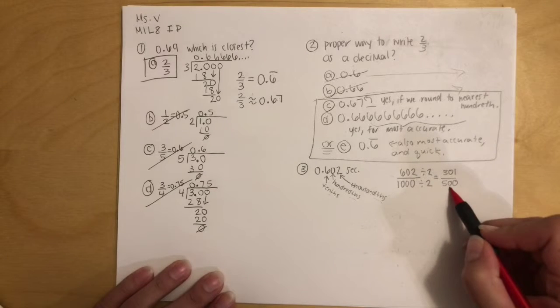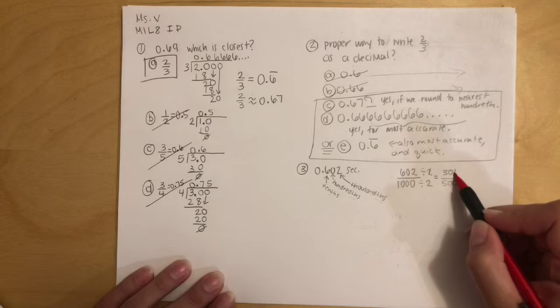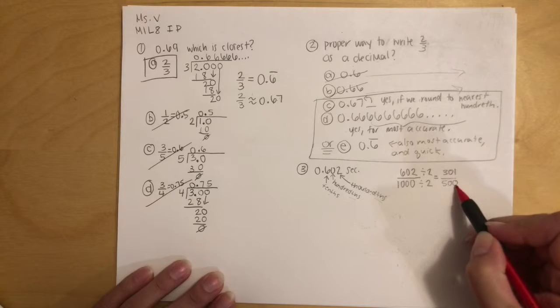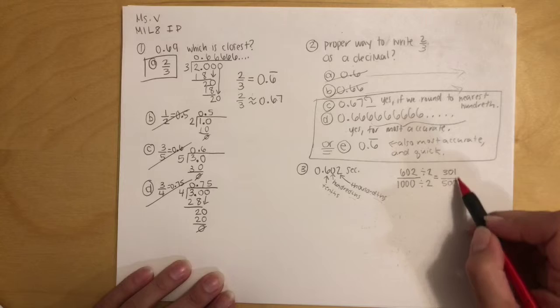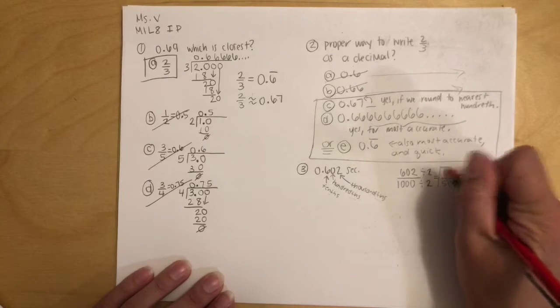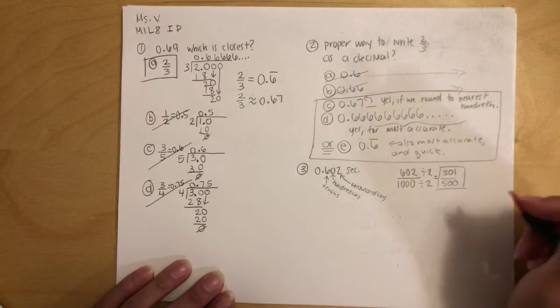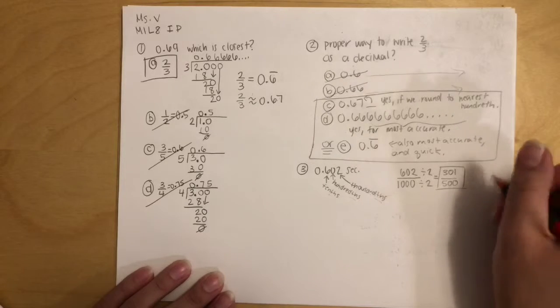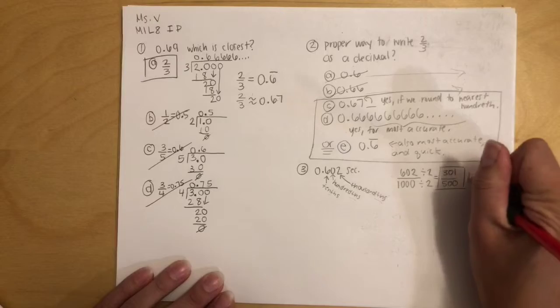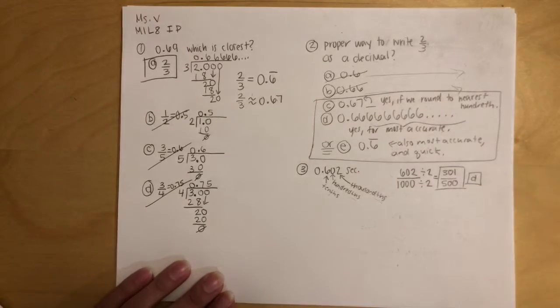This is not divisible by 3. Neither one of these is divisible by 3. Well, this is an even number, but this one's not. So I think we're stuck. I think this is going to be as simplified as we can go. So let's see what number this is. This is letter D. And that's it.